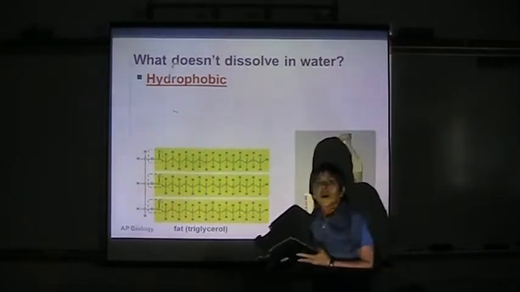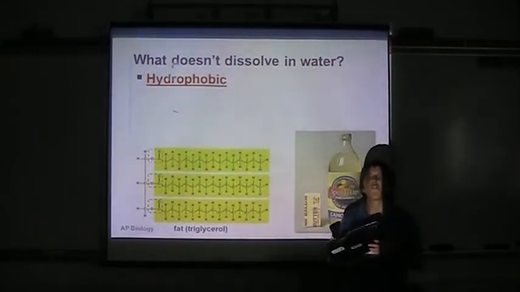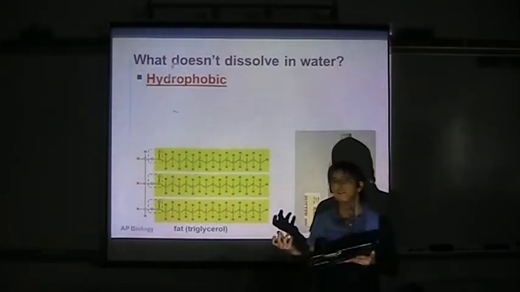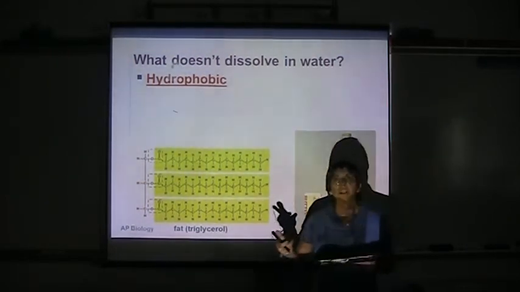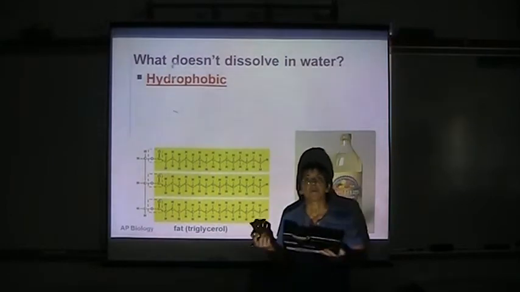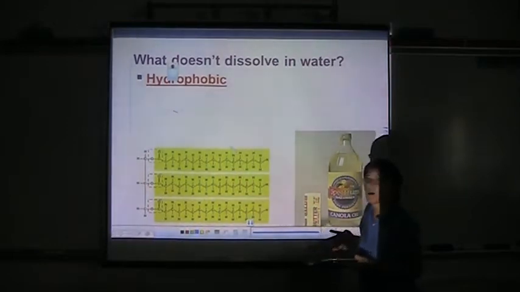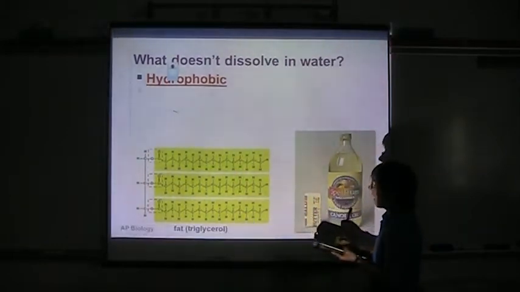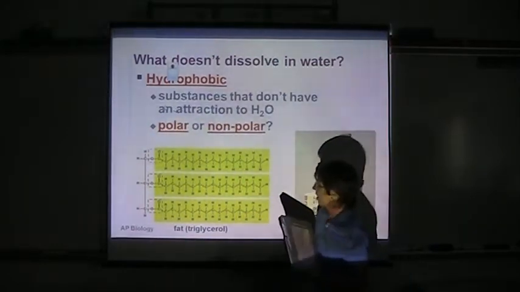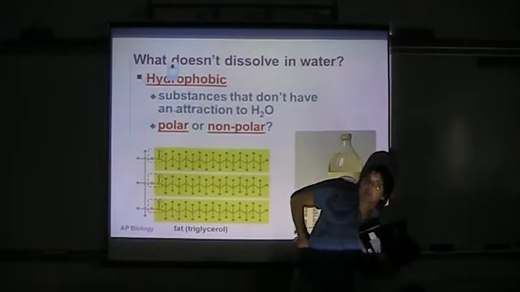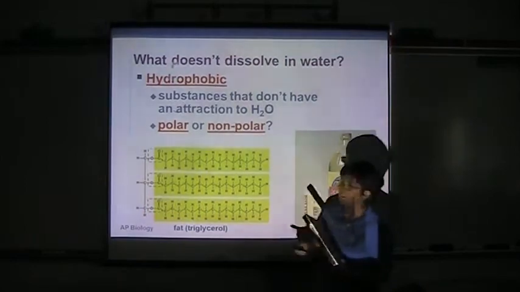Now, what if you have something that is hydrophobic? Is that a polar or a non-polar? It doesn't like water, and if it doesn't like water, it means it does not have a charge. And I want to introduce you to something that you should be familiar with, and this is a nice molecule of fat, a typical triglyceride, the stuff that we have everywhere in our body.